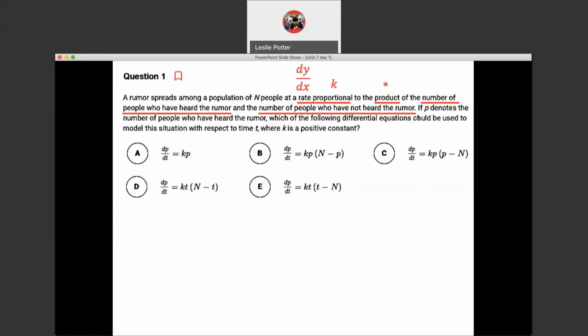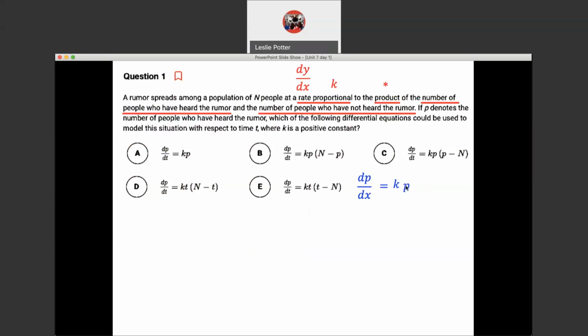Okay, and now it's telling us what variables to use. If p denotes the number of people who have heard the rumor, so we're looking at dp/dx, or we could call it dt. That's another independent variable. So if p is the number of people who've heard the rumor, then dp/dx is the rate, and so that is proportional to the number of people who've heard the rumor.